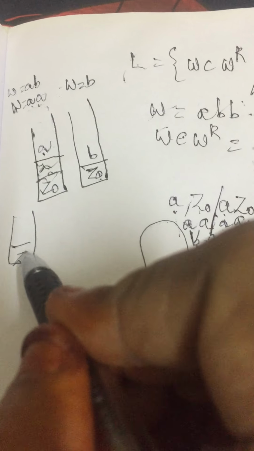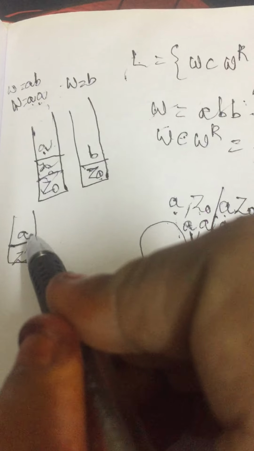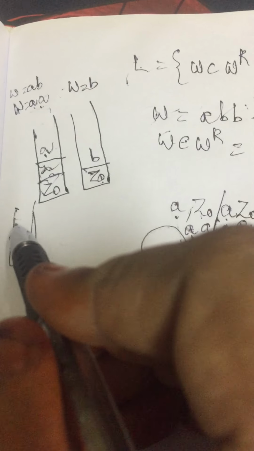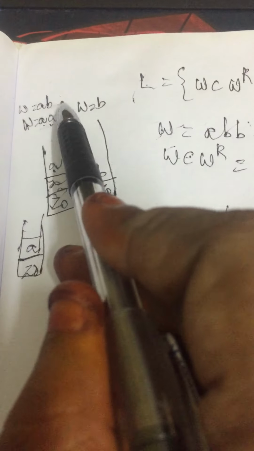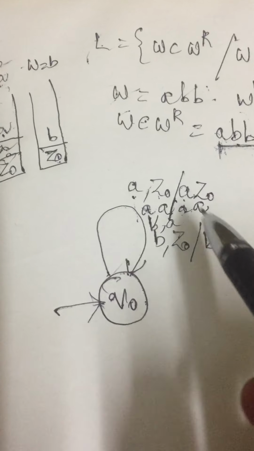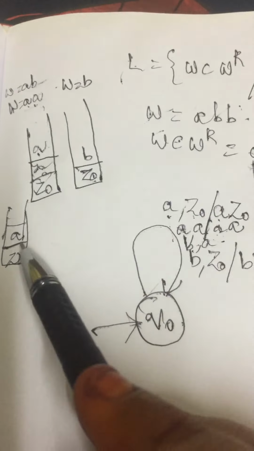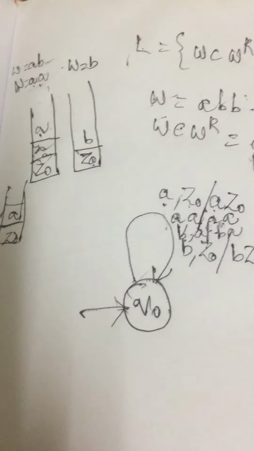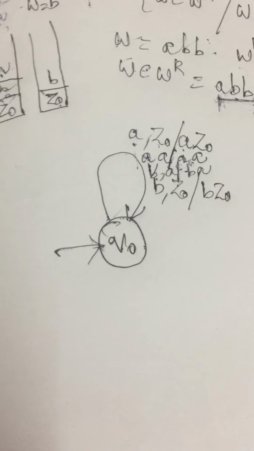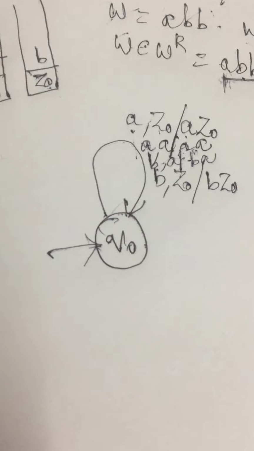The first input alphabet is A, and the second one is B. For this one we are drawing. So the present input symbol is B and the top of this stack is A. We are going to perform the push operation. This is the case if your string W starts with the input alphabet A.